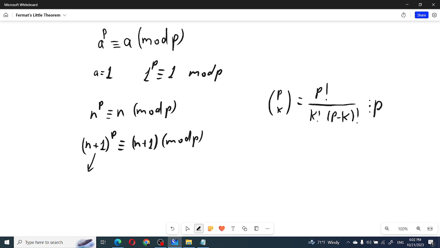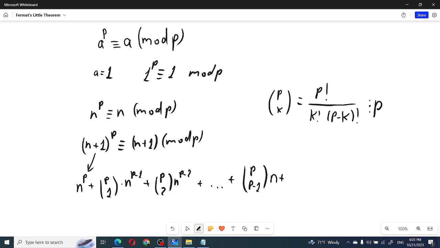Now we can use binomial expansion of n plus 1 to the p power, and we will get n to the p plus p choose 1 times n to the p minus 1 plus p choose 2 times n to the p minus 2, and last terms will be p choose p minus 1 times n plus 1.